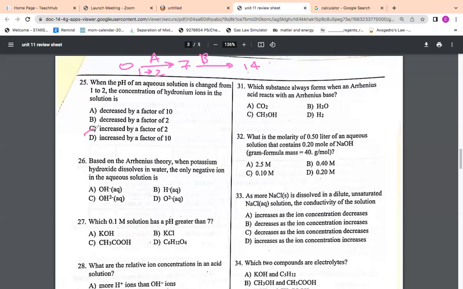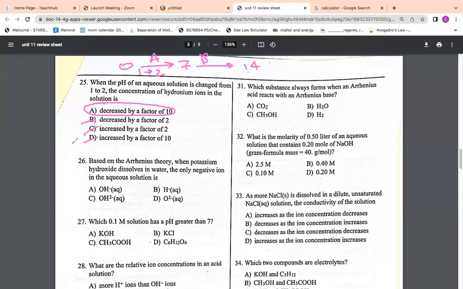So we're definitely decreasing how much we have. And if we are changing from pH value of 1 to 2, that is a difference of 1 pH value. And the difference in hydronium concentration from 1 pH value to the next one is a factor of 10. Again, we always increase or decrease by 10-fold in between each pH value, depending on which way you're going.